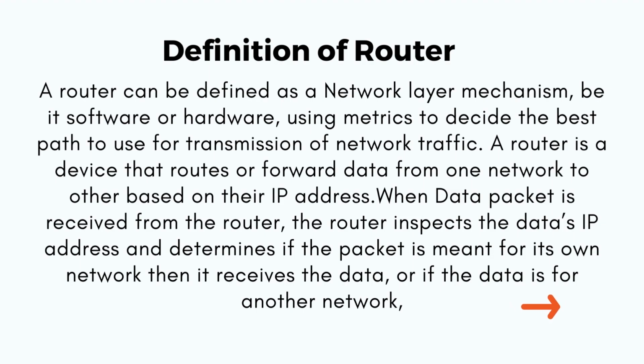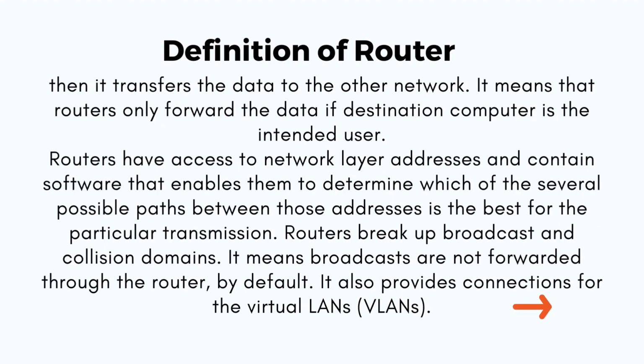When a data packet is received, the router inspects the data's IP address and determines if the packet is meant for its own network. Then it receives the data, or if the data is for another network, it transfers the data to the other network.